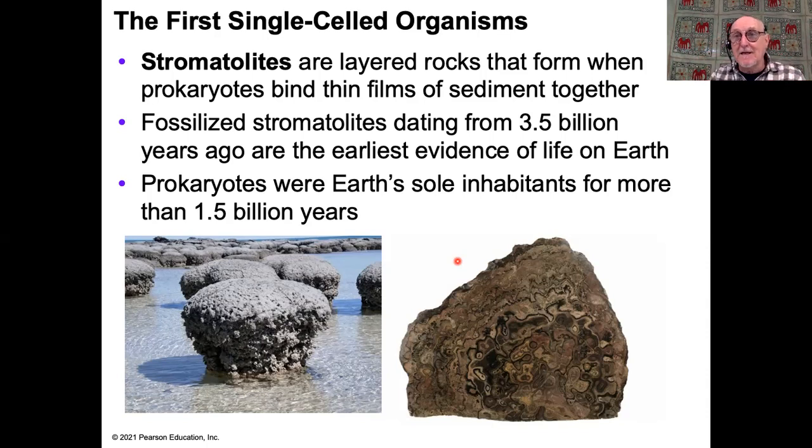Well, the answer came when a group of prokaryotes evolved the process of photosynthesis. Those prokaryotes were primitive cyanobacteria, which were able to take carbon dioxide and water, use the sun's energy, and put them together into new organic compounds, which now became available and could enter all of the ecological processes and be used by others.